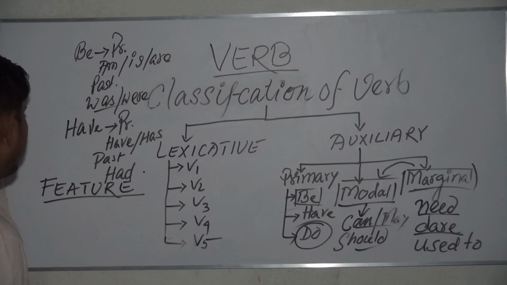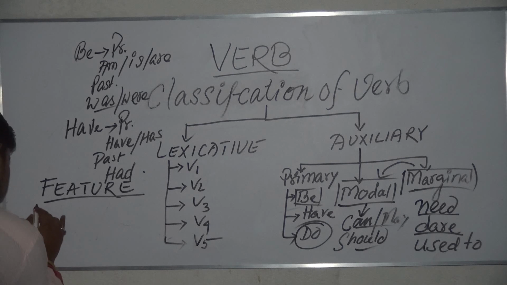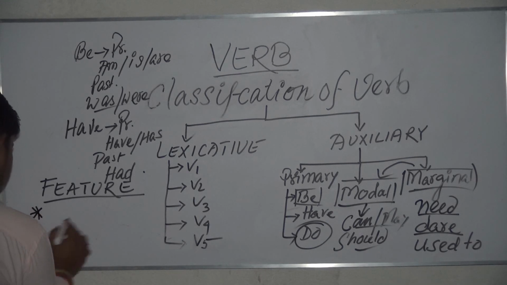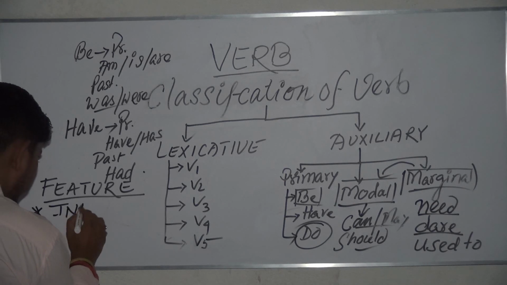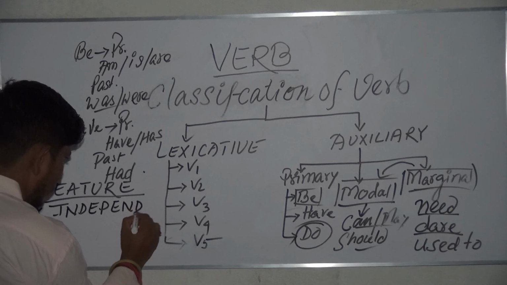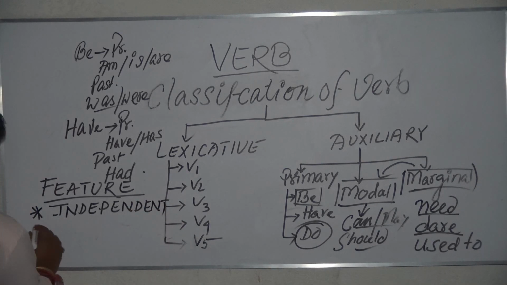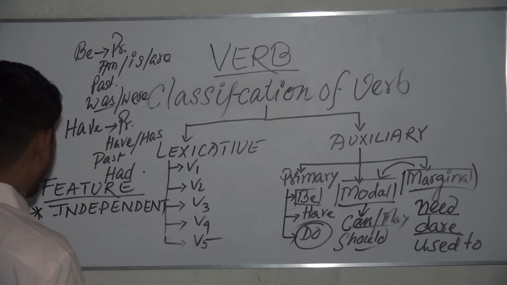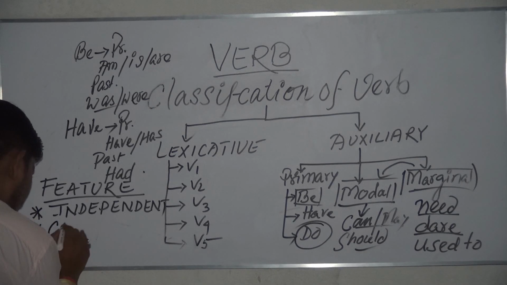So from my lecture, the features of lexicative verbs are: number one, they are independent. Number two, they are the main component of a sentence.